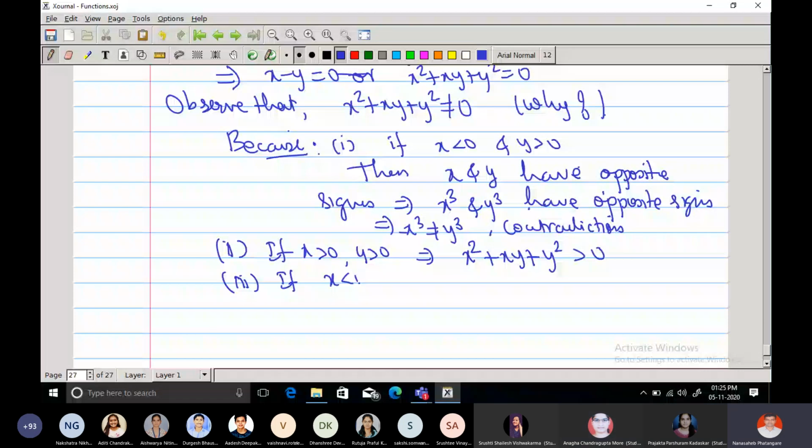Then in any case, if x is negative, x square is positive; y is negative, y square is positive; and since both x and y are negative, xy is positive. So this expression is still positive. Therefore, in any case, x square plus xy plus y square is not 0. So what is the conclusion?